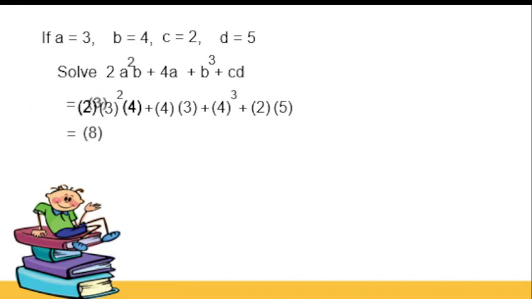And then you have the 3 squared will become 3 times 3 plus the product of 4 and 3 is equals to 12, plus the expanded form of 4 raised to the third power is equals to 4 times 4 times 4, plus the product of 2 and 5 is equals to 10.